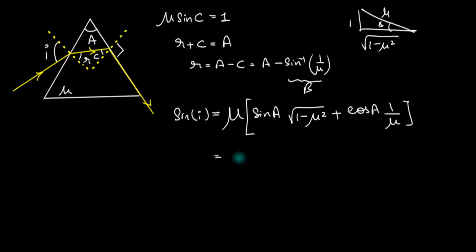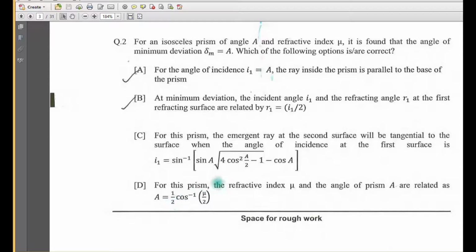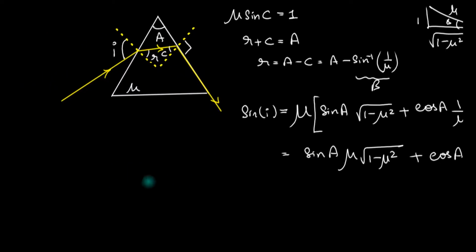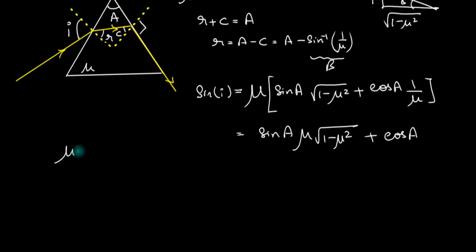And that has to be equal to sine A times root of mu square minus 1 minus cos A. But I think we don't have mu, so I have to get rid of mu. The way I can get rid of mu is I can use the formula mu equals sine A divided by sine A by 2. This is 2 times cos A by 2.